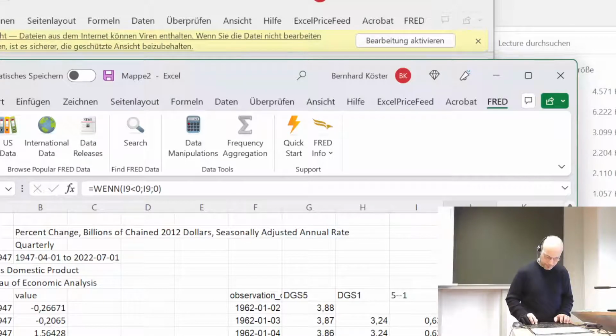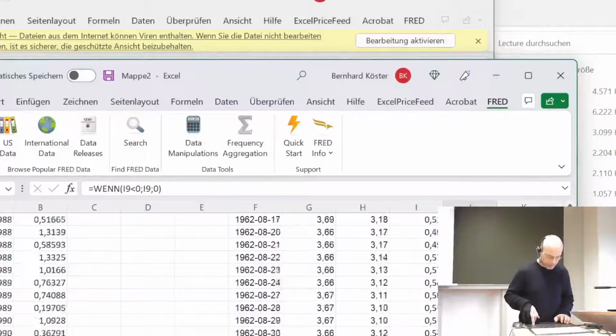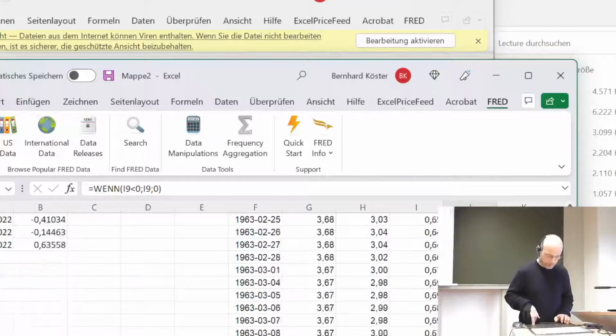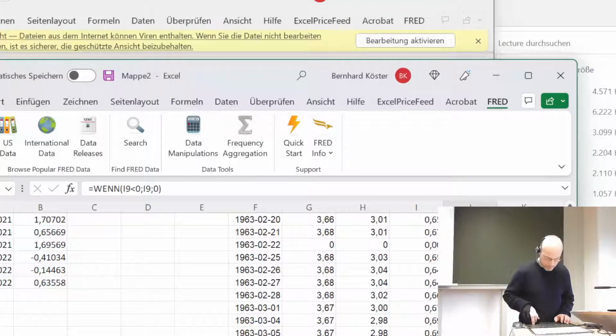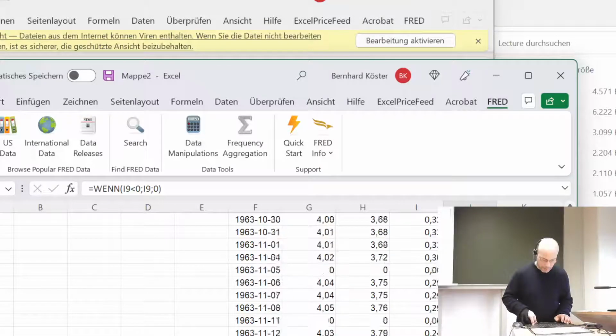No, it won't take that much time. I don't know why it doesn't function. Oh, this is only 62, so this takes too long.